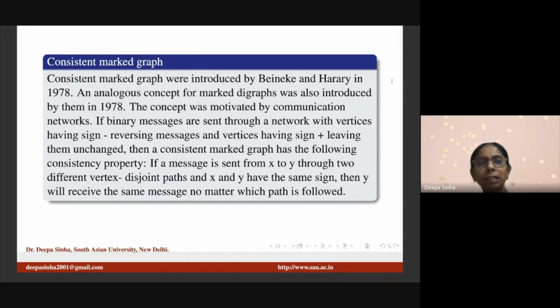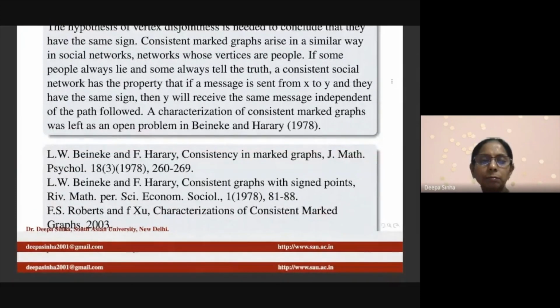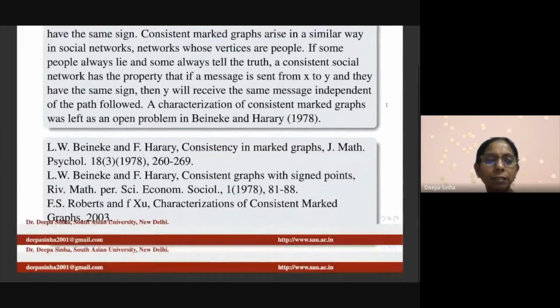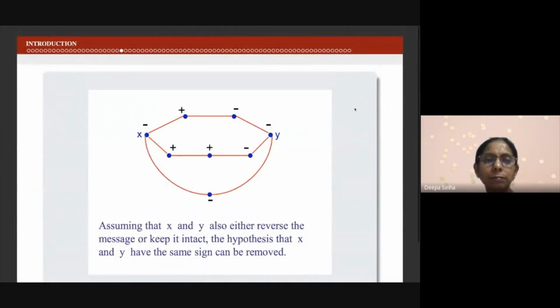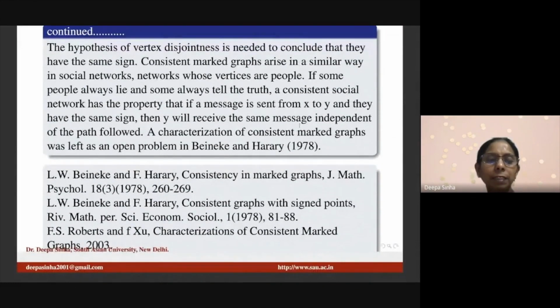And then this is consistency, meaning all the cycles have an even number of vertices marked positive under mu. This was first studied in 78 by Beineke and Harary.